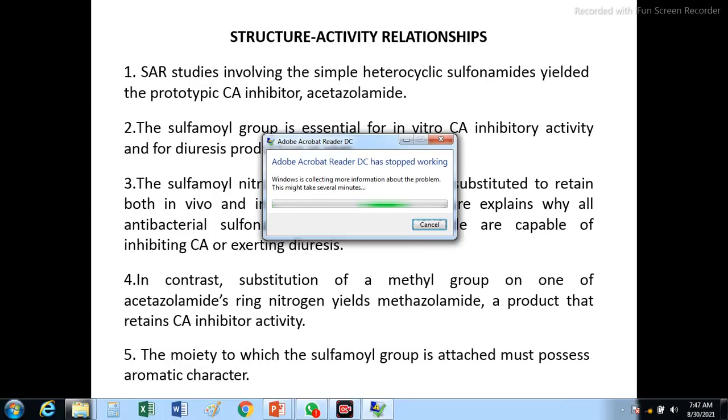The prototypic molecule considered here is acetazolamide, which has a sulfonamide group, and this particular group is known as a sulfamoyl group, which is essential for carbonic anhydrase inhibition activity. Likewise, this sulfonamide group also exerts antibacterial activity, and to some extent it also exerts diuresis activity.